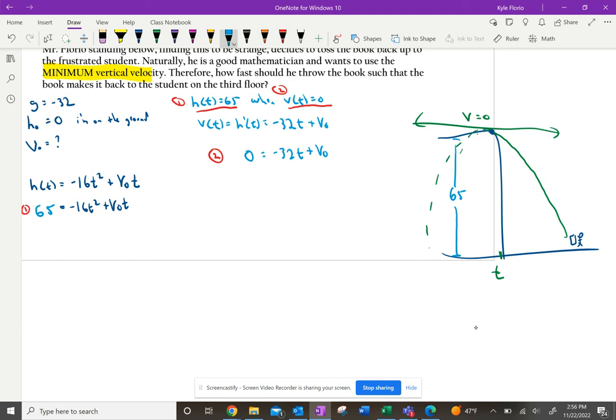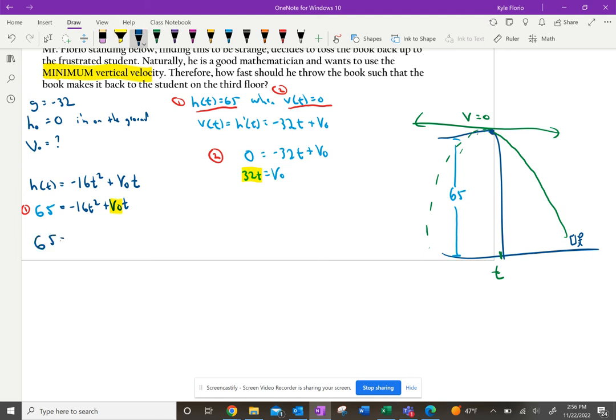If I take the derivative of negative 16t squared, it is negative 32t, and the other term is some constant times time, so the derivative of some constant times t is just that constant. That was a mistake. So I can solve for initial velocity by adding 32t to both sides. Now I can take this 32t, which is equal to my initial velocity, and plug it into that equation right there, so that now there's only one variable.